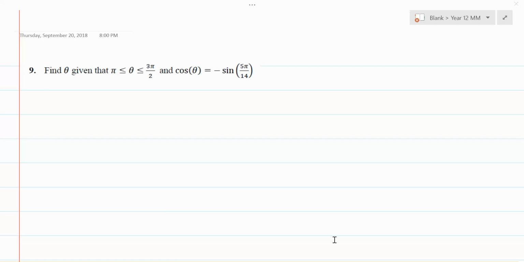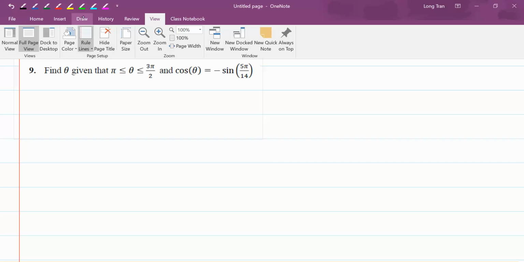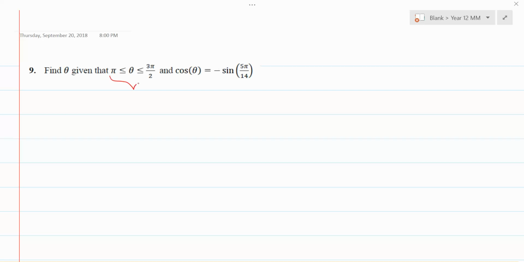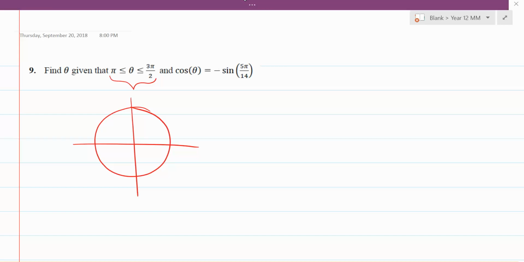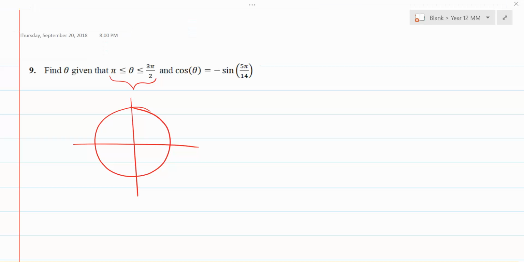So what we want to start off understanding is, in this particular problem, this is the region where the angle's in. It is between pi and 3 pi on 2. So if I actually draw the unit circle and ask myself where pi to 3 pi on 2 would roughly be, well, this is pi, and 3 pi on 2 is here.